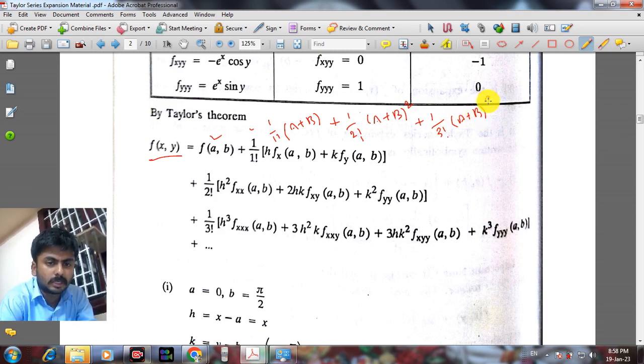So you have to keep in mind f of a comma b plus.